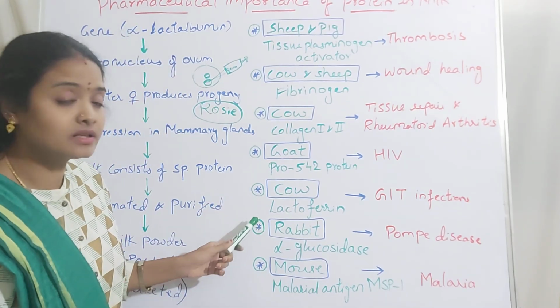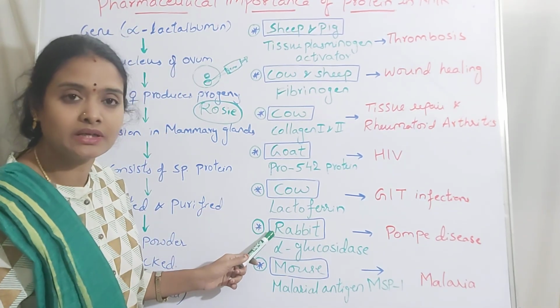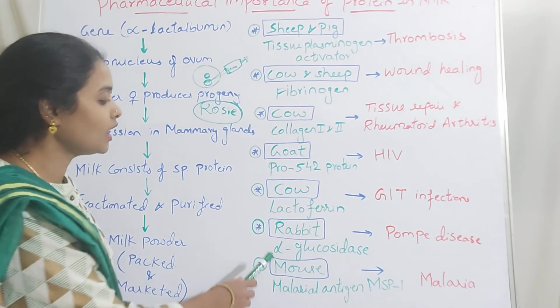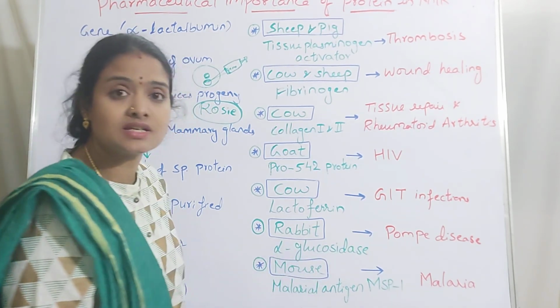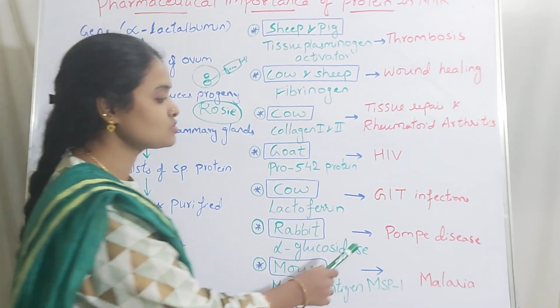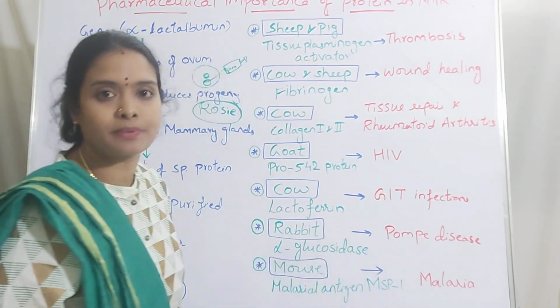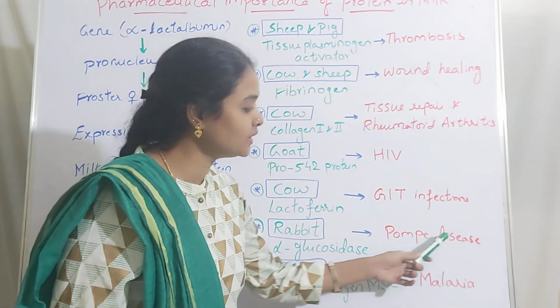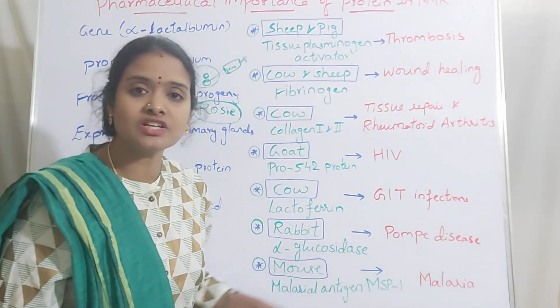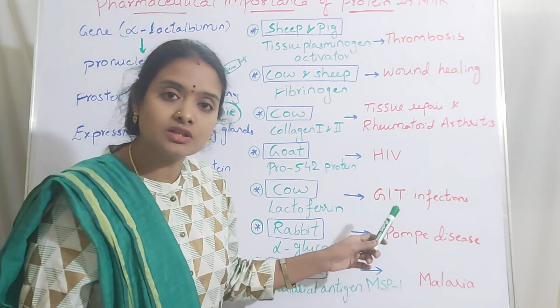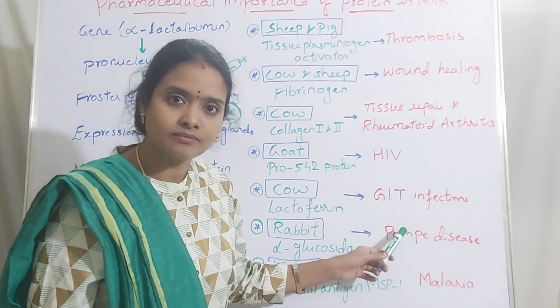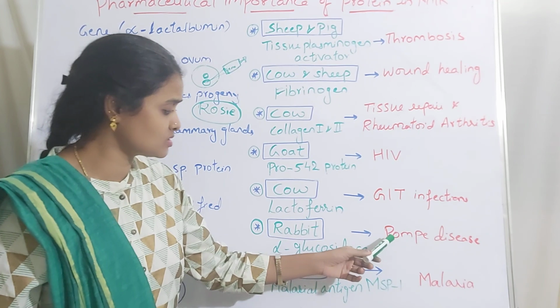Next one is another transgenic animal. It is the rabbit, which is producing alpha glucosidase. So alpha glucosidase is used in the case of Pompe disease patients. In Pompe disease, there is accumulation of starch or sugars, right? So the sugars which are accumulated, or glycosides, right?